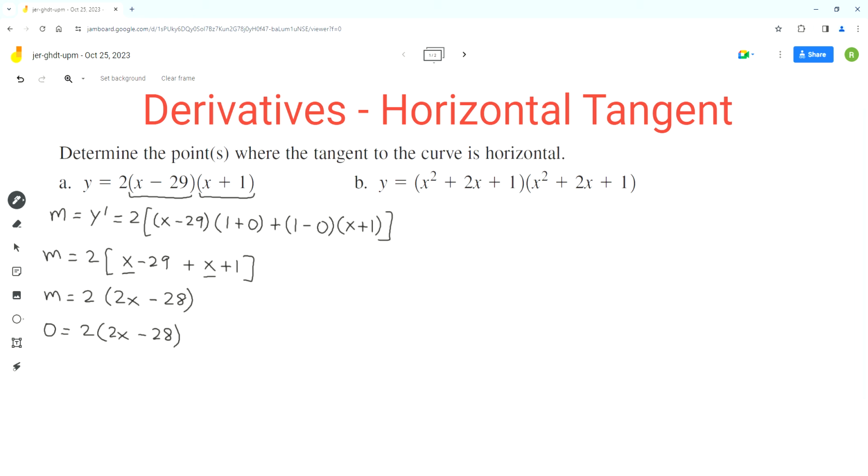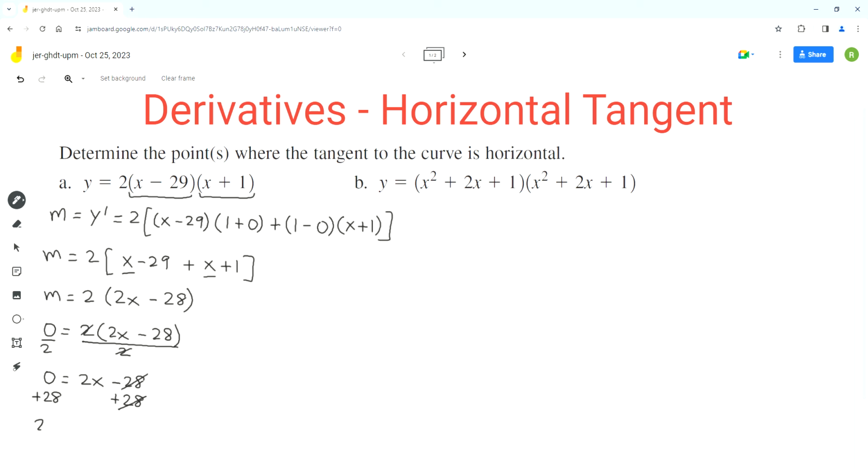The first step is to divide both sides by 2, so the 2 in the front will get cancelled out. We get 0 equals 2x minus 28. Now we can add 28 to both sides, so the 28 on the right side will cancel each other out.